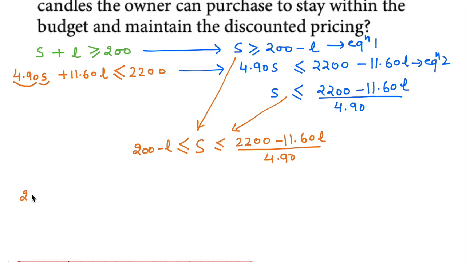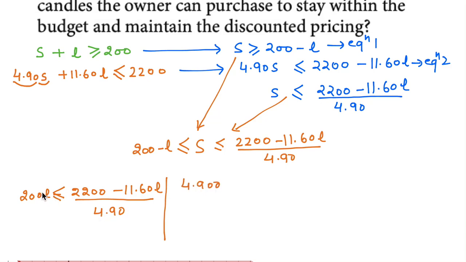Now what if I just delete this S from here and make these two inequalities to solve for L? So that is 200 minus L is less than or equal to (2200 minus 11.60 L) over 4.90. Now we have to solve it. Next step is multiplying by 4.90.